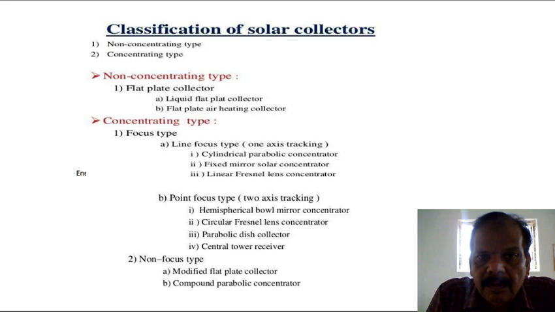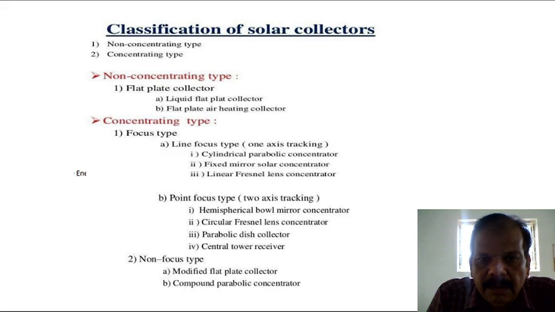These collectors have to be moved so that they always track the sun's path, so that we get continuous sun's rays falling on them, reflected to one single axis.